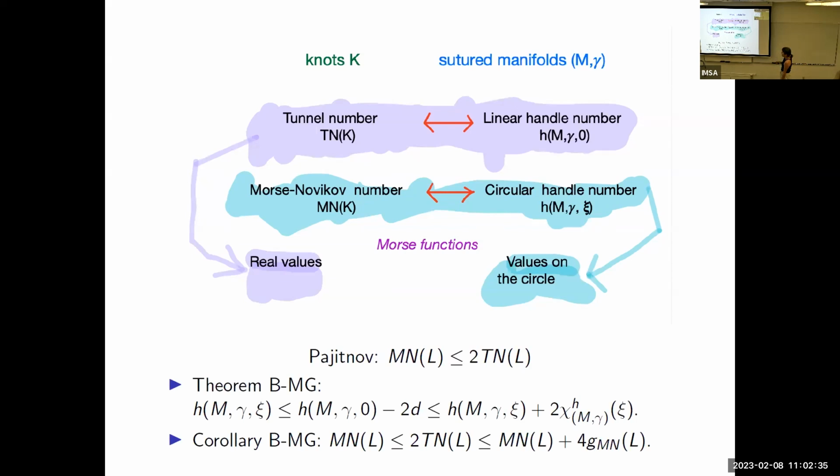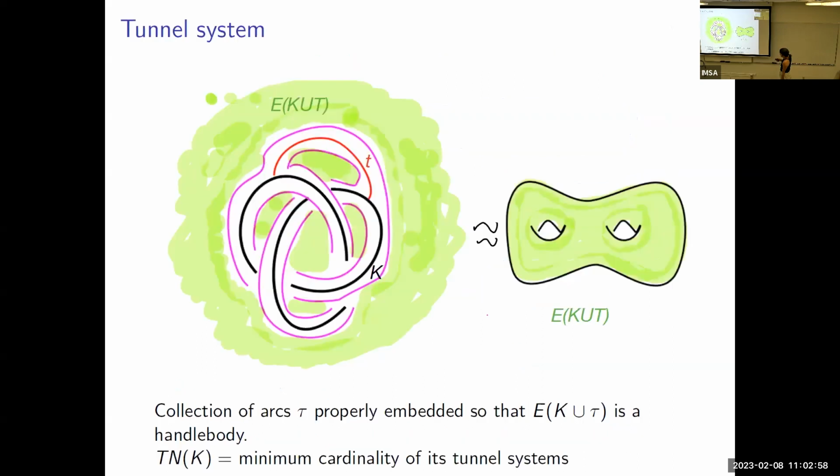Well, all these symbols correspond to what we call the linear handle number, which corresponds to the idea of Tonnen number for a knot, and this will denote the circular handle number of a sutured manifold, which corresponds to the Morse number. So, let me just remind you what this Tonnen number means.